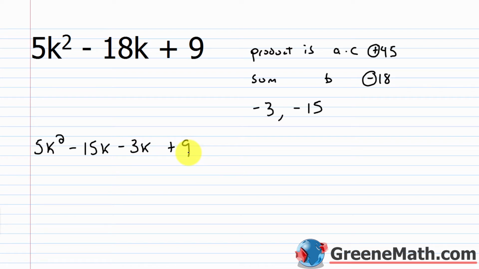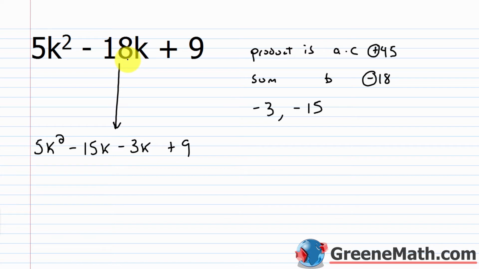And I did two things there that I want to explain. The first thing is that I rewrote the middle term as -15k minus 3k. I have not changed the value of this polynomial. -15k minus 3k, if I combine like terms, I'm going to get -18k. That's perfectly legal. We've seen that with fractions and all kinds of other stuff where we change what it looks like, but the value is the same.